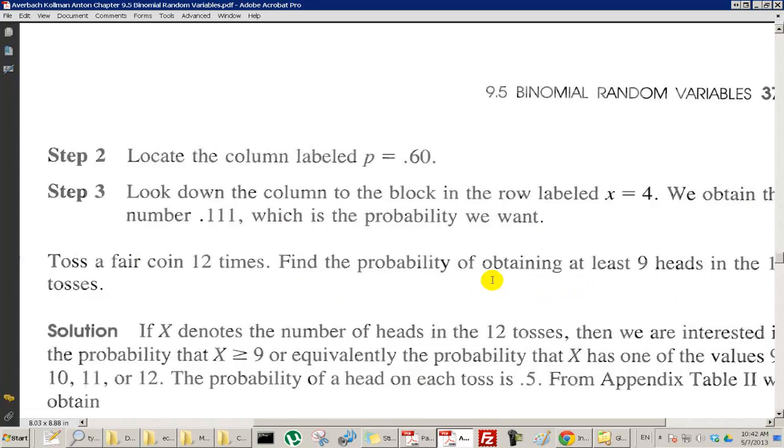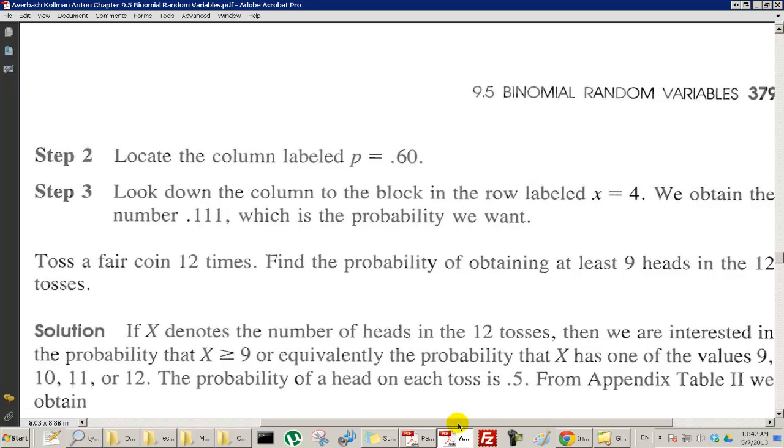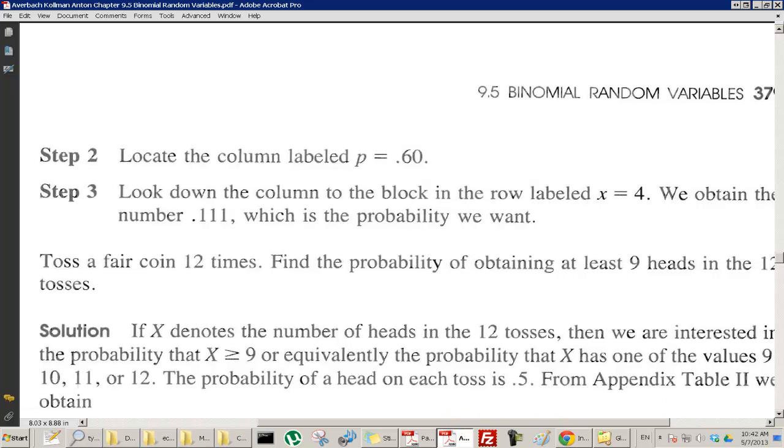Okay, let's try this one. Toss a fair coin 12 times. Find the probability of obtaining at least... Okay, now this is new. In all the previous examples, they were asking for the probability of obtaining exactly something, like exactly 9 heads. But here they've changed it. Here they say at least 9 heads.